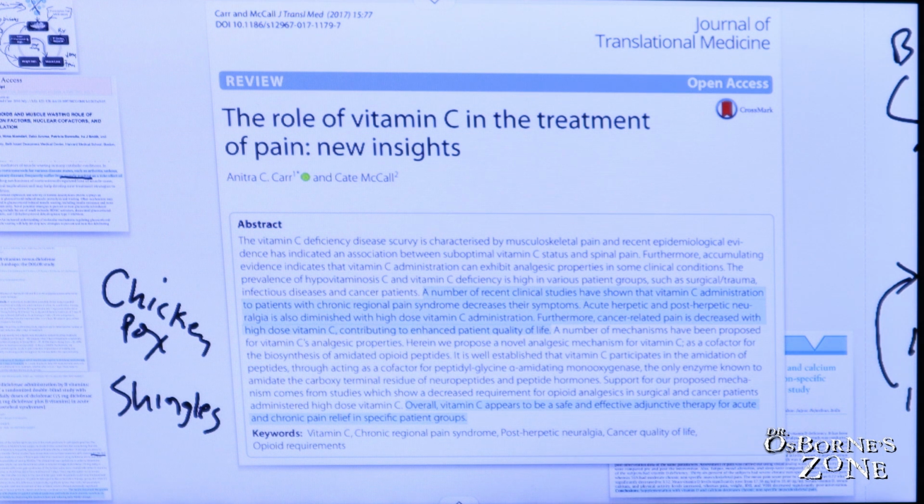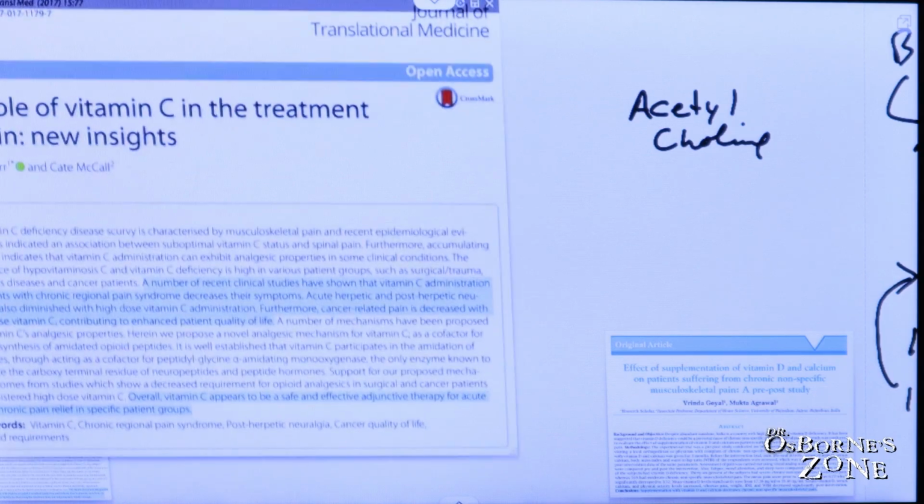Furthermore, cancer-related pain is decreased with high-dose vitamin C, contributing to enhanced patient quality of life. Overall, vitamin C appears to be safe and effective adjunctive therapy for acute and chronic pain relief in specific pain groups. I think it's important that you understand that for a couple of different reasons.